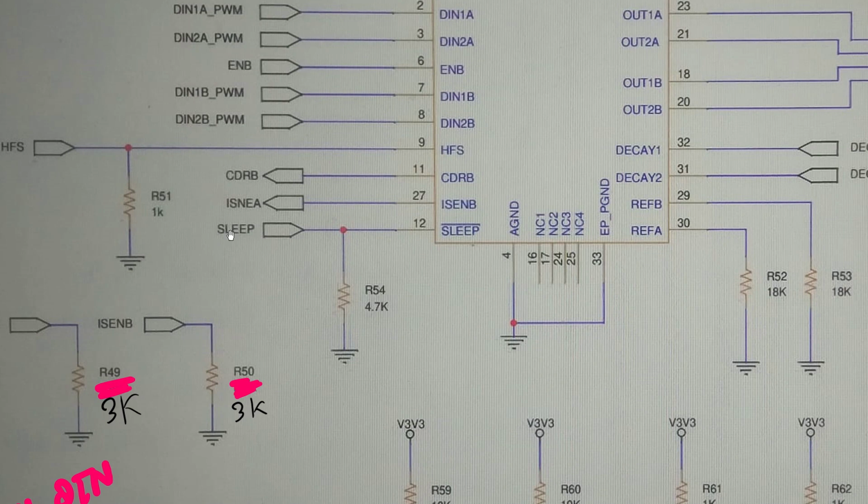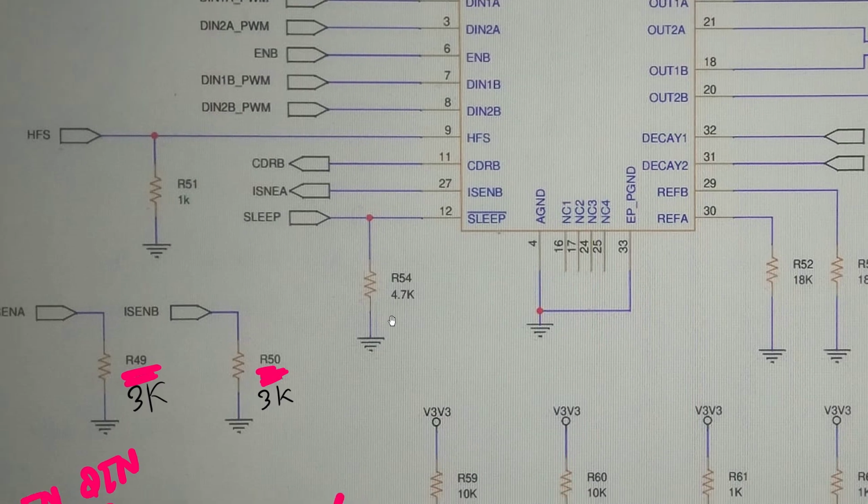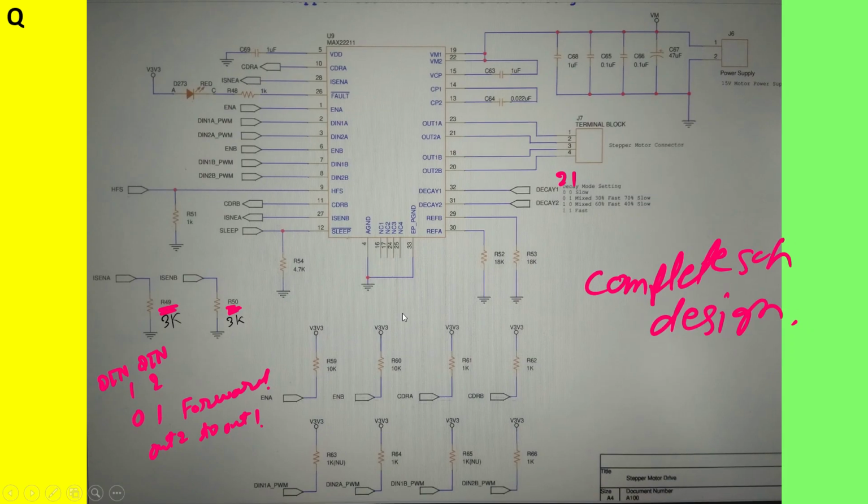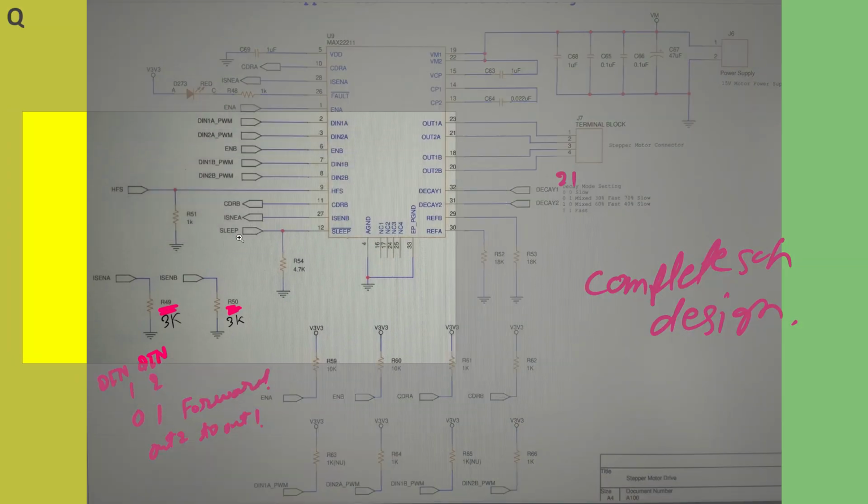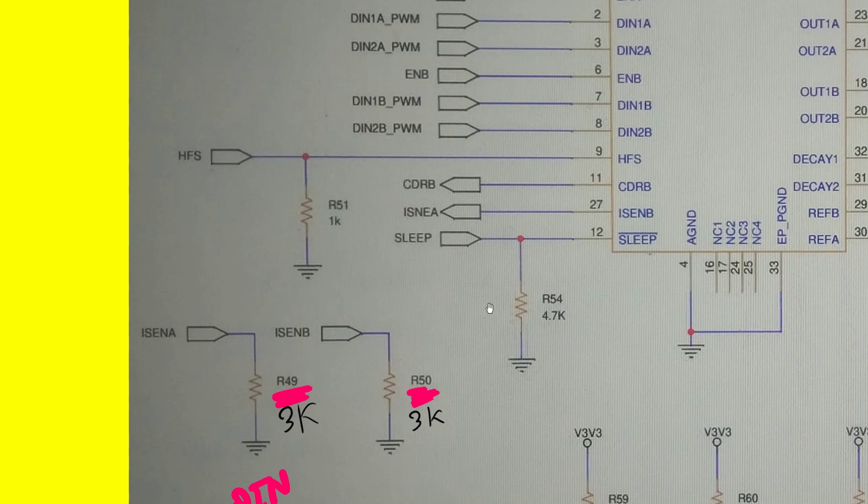You can see sleep mode is here. So it is pulled down. Okay. So if you pull it down, then it will be disabled, right? So whenever you have to run this particular driver IC, what you have to make sure is you have to make sleep high. So once sleep goes high, then it will start working. Got it? So sleep is fine.